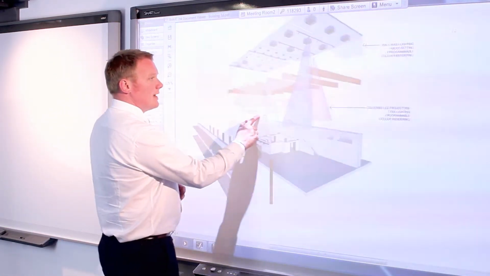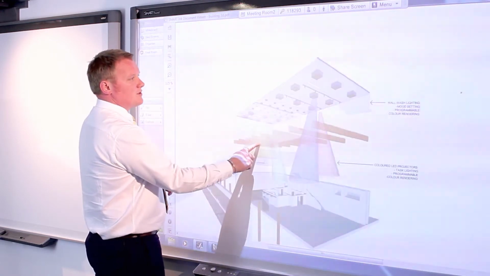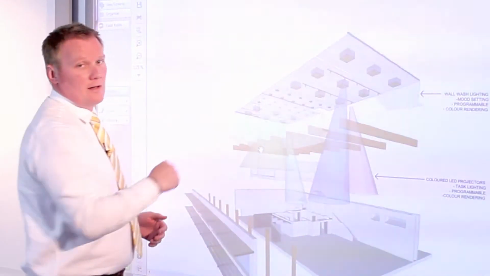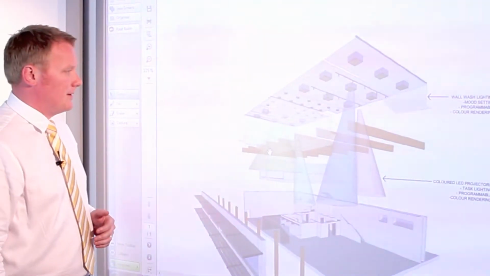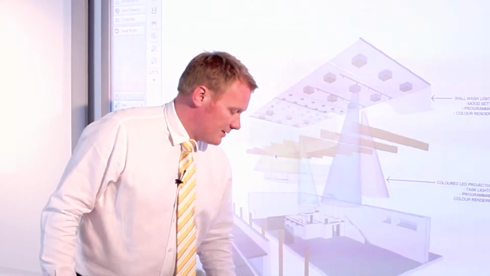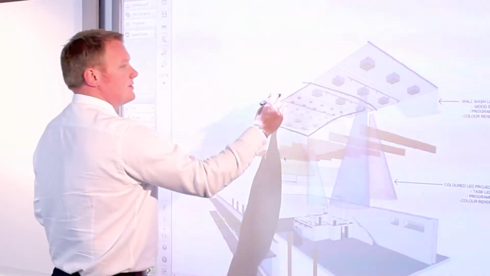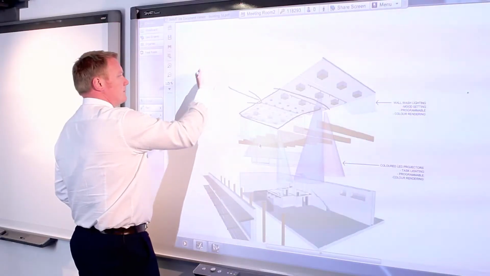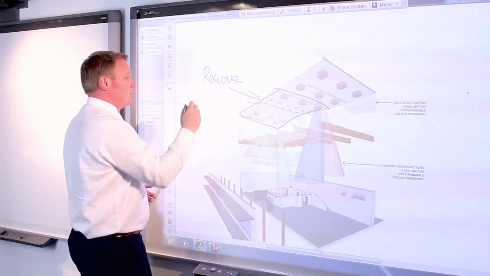So again, I can still navigate my way through the PDF, reach the point where I want to make some changes. So for example, at the top here, the client has told us we need to reduce some of the cost in this particular budget. So one of the proposals that we will make will be to remove some of this high level lighting.